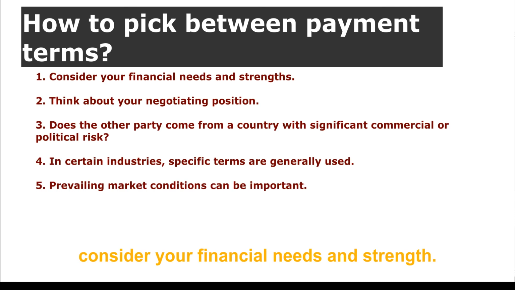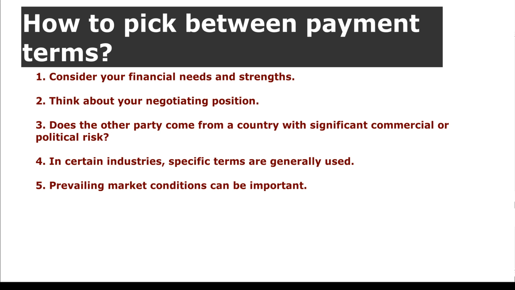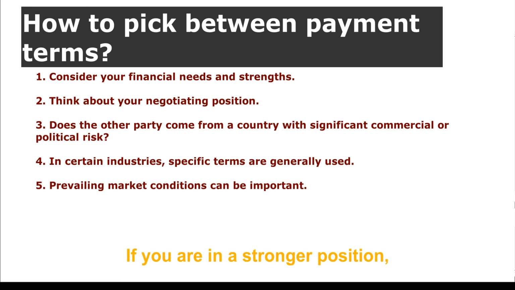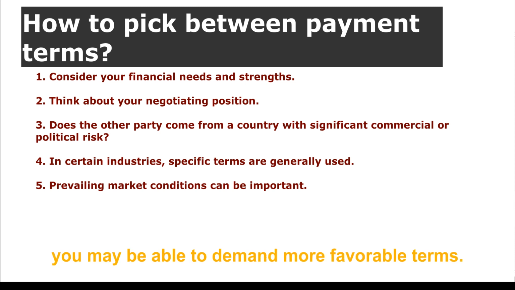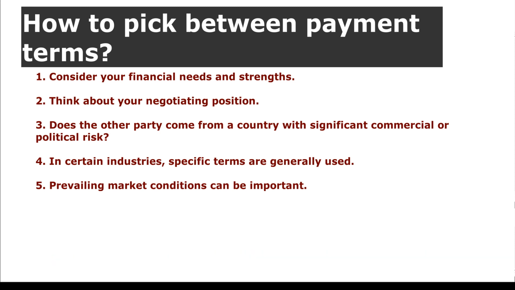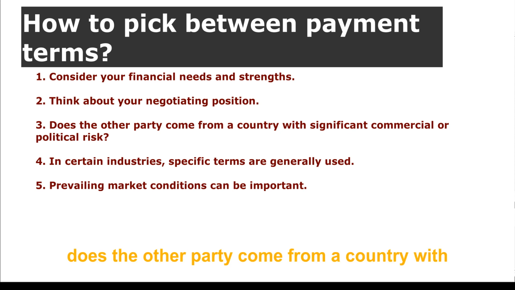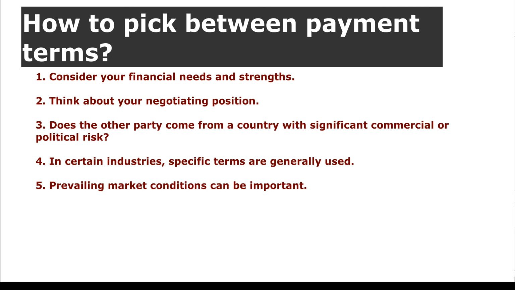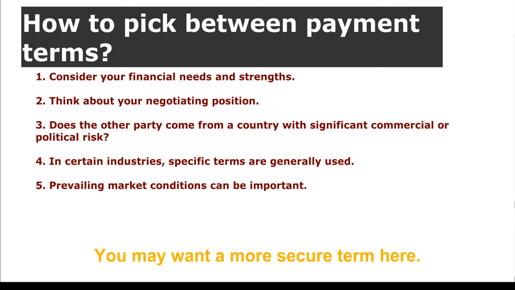First, consider your financial needs and strengths. Second, think about your negotiating position. If you are in a stronger position, you may be able to demand more favorable terms. Third, does the other party come from a country with significant commercial or political risk? You may want a more secure term here.